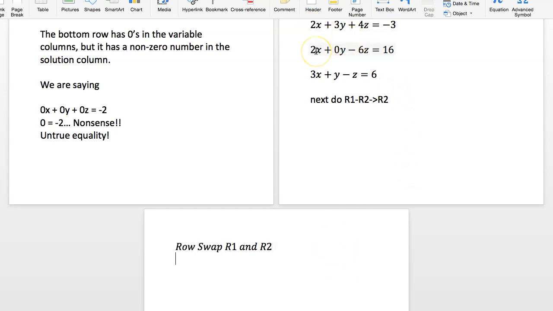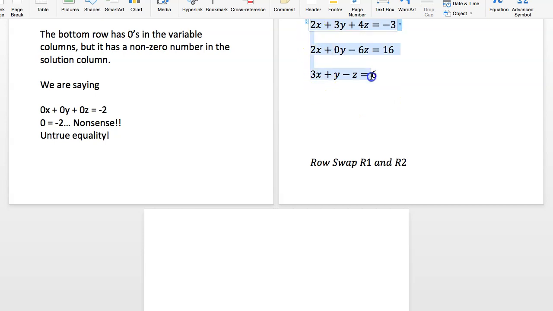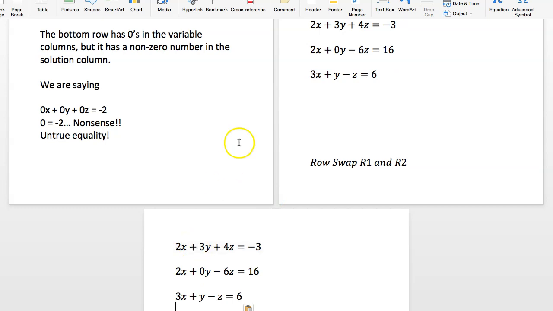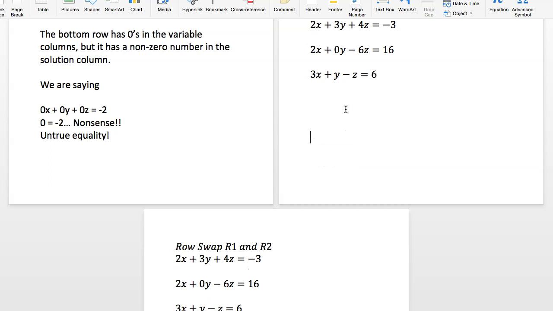That's okay. So I can't do this guy yet. That's postponed. So what I'm going to have to do is a row swap.